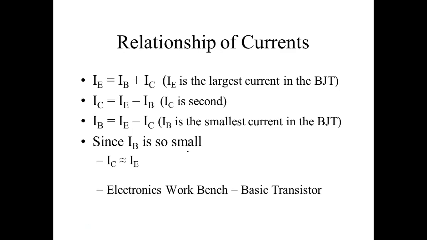But for our calculations we're going to assume the collector current and the emitter current are the same, because they're such a little different, but they are not the same. And like I said, if you see in a test it says the collector current and the emitter current are equal, what are you going to answer? False. If I say they're approximately equal, you're going to say what? True.